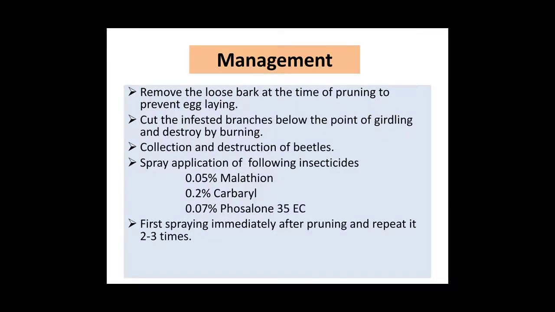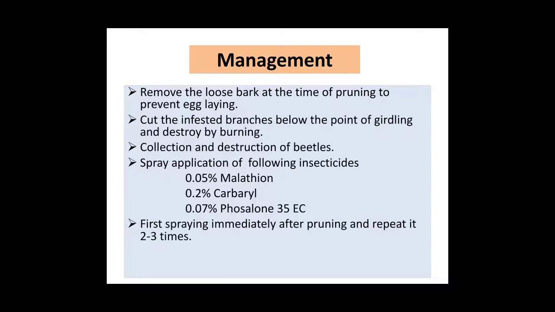Then the last point is management. Firstly, remove the loose bark at the time of pruning to prevent egg laying. Then cut the infested branches below the point of girdling and destroy them by burning. Then collect and destroy the beetles, and spray any one of the following insecticides: 0.05% malathion, 0.2% carbaryl, or 0.07% phosalone 35 EC.